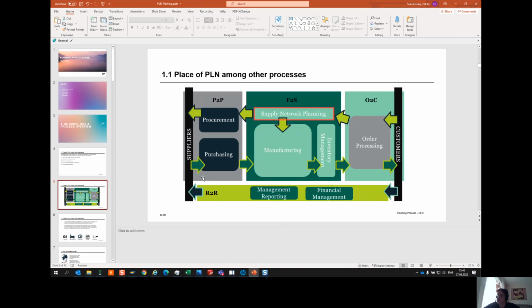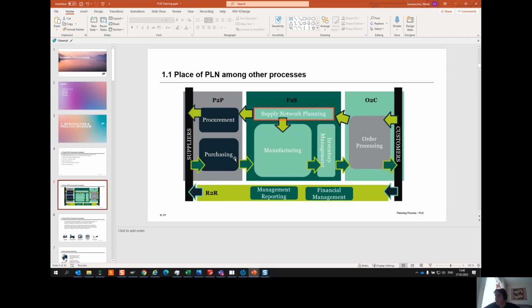And purchasing is like a technical part of P2P, which is responsible for buying goods, equipment and so on from our suppliers. So purchasing creates documents, purchase requisitions, purchase orders. I will assume that you are familiar with the P2P process, so I won't spend a lot of time describing it.